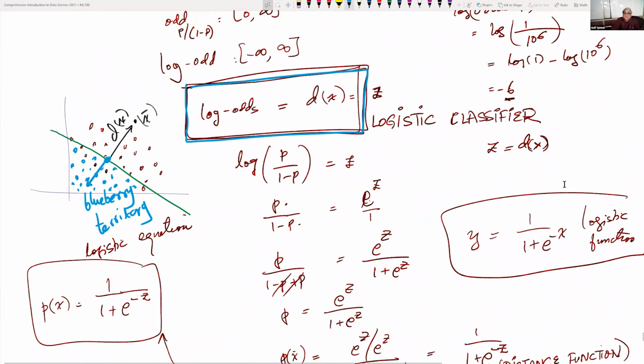No, probability will be 0, sorry. Nearing 0. The further away you are from the decision boundary, in the blueberry land, the more sure you are that it is a blueberry, isn't it? The more negative the distance, the more sure you are that it's a blueberry. So the more sure you are that it is not a grape, isn't it?